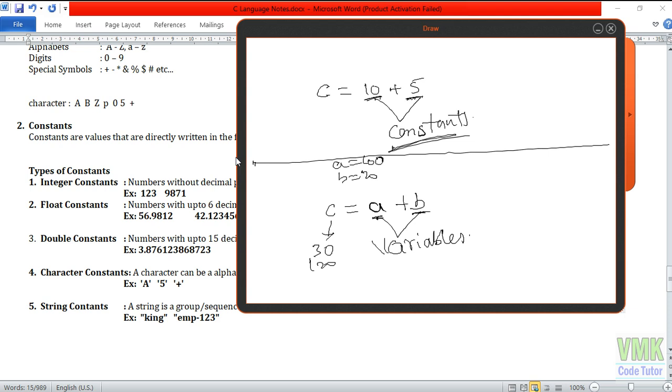So the values of A and B can be anything, and these are called variables. Any value that you write directly in the formula is called a constant, and any names that you write are called variables. So constants are the values that are directly written in the formula and they never change.